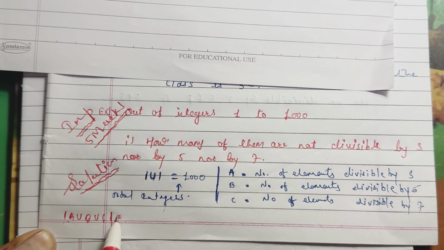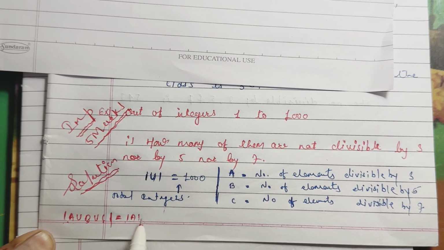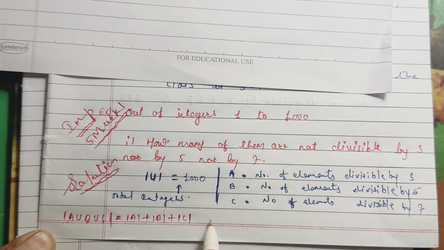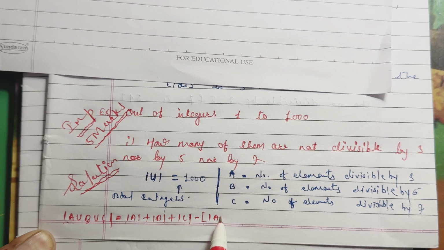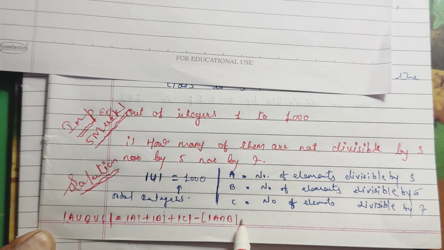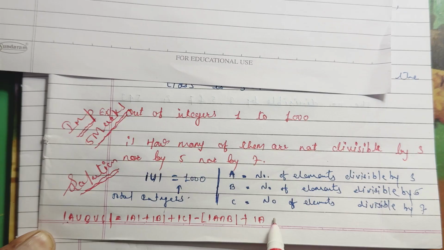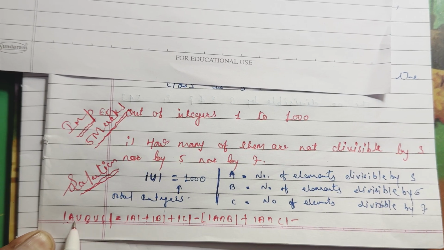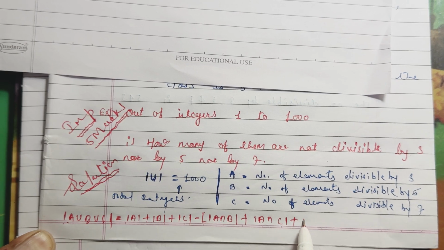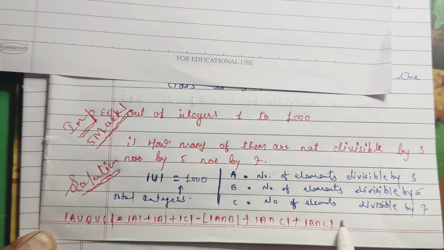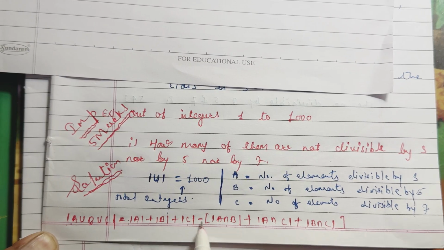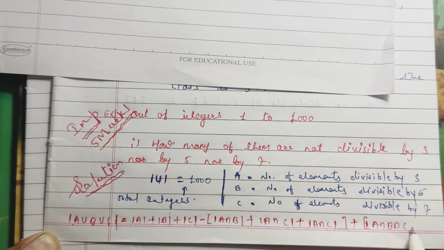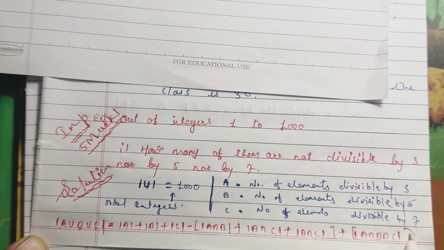We write: cardinality of A plus cardinality of B plus cardinality of C, minus cardinality of A intersection B, minus cardinality of A intersection C, minus cardinality of B intersection C, and again plus cardinality of A intersection B intersection C. This is our required set.